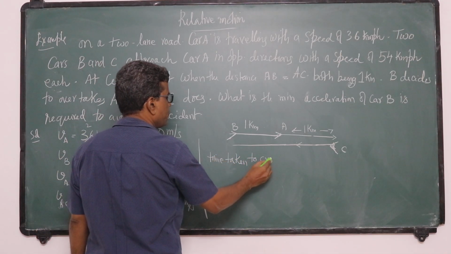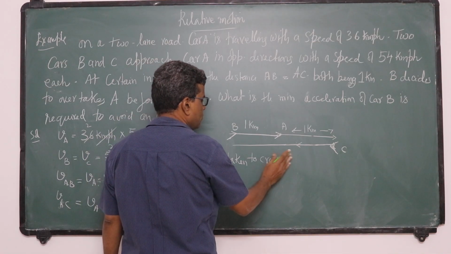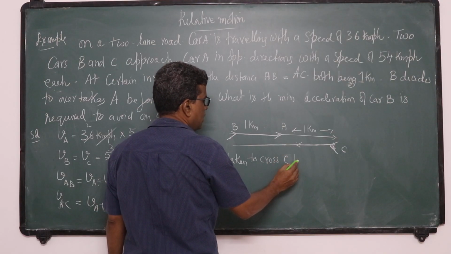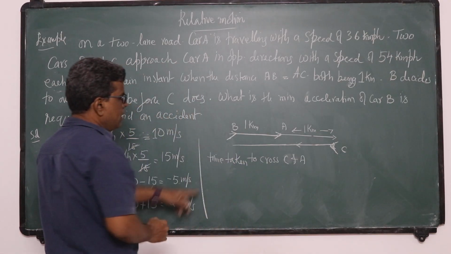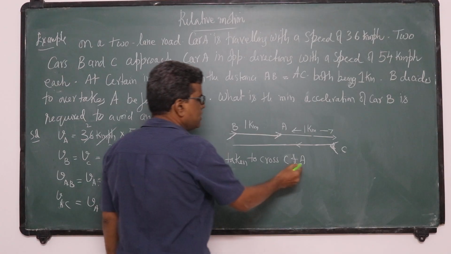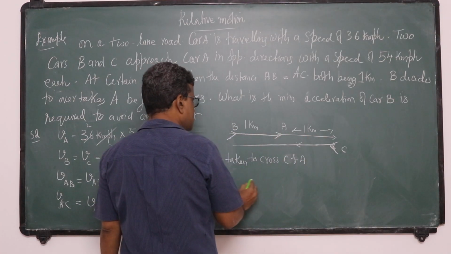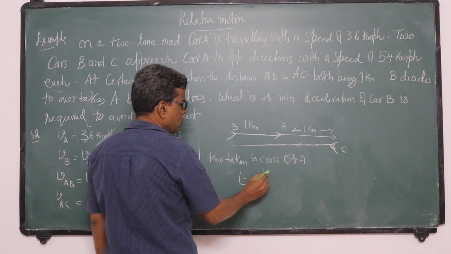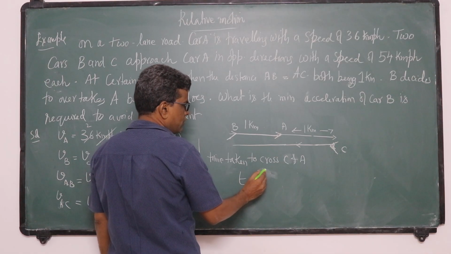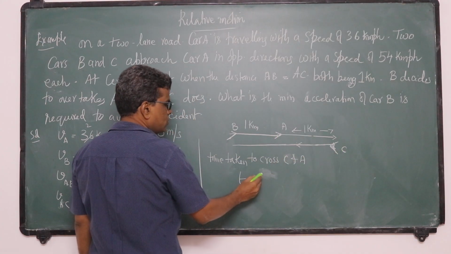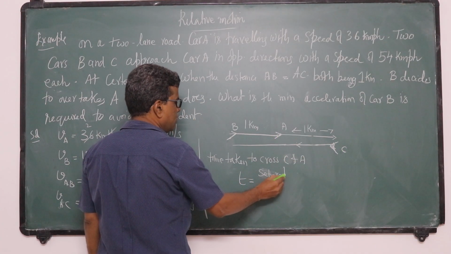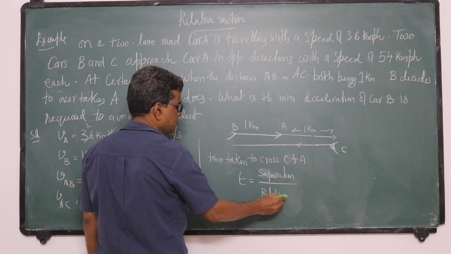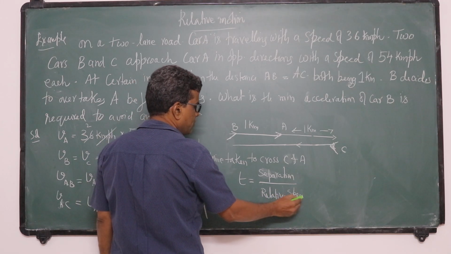Time taken to cross C and A: T is equal to separation by relative speed, since these are uniform speeds.